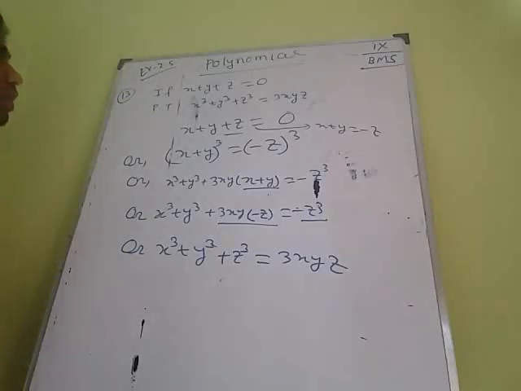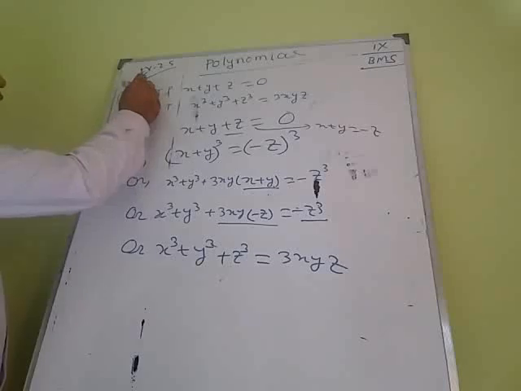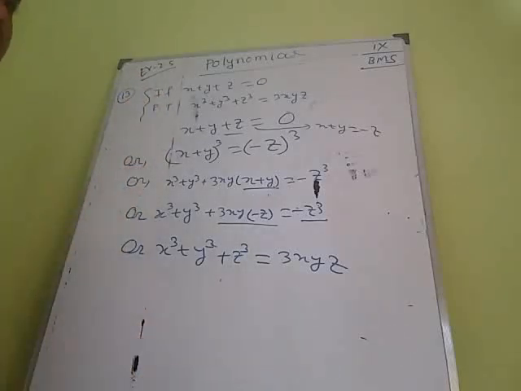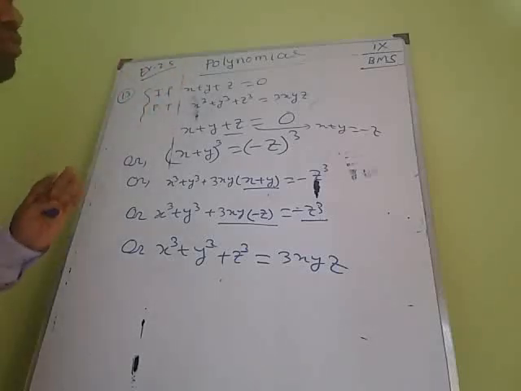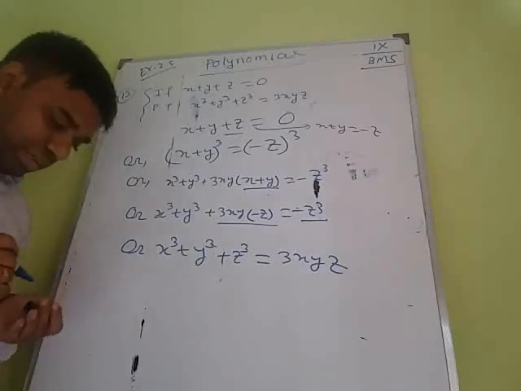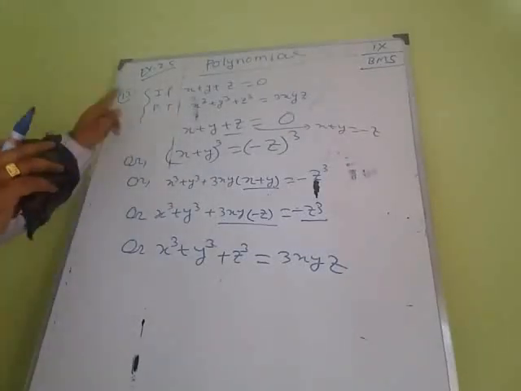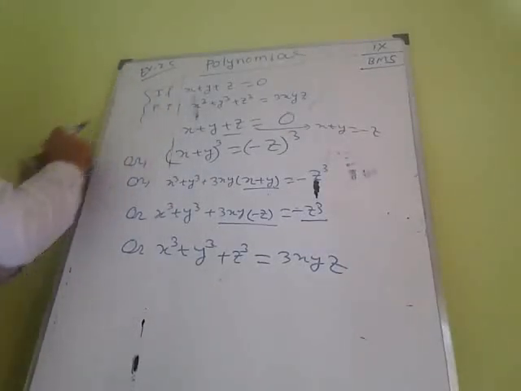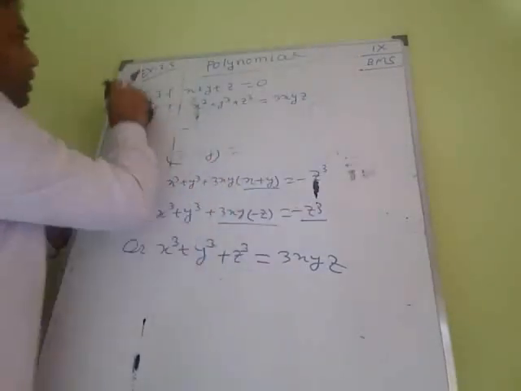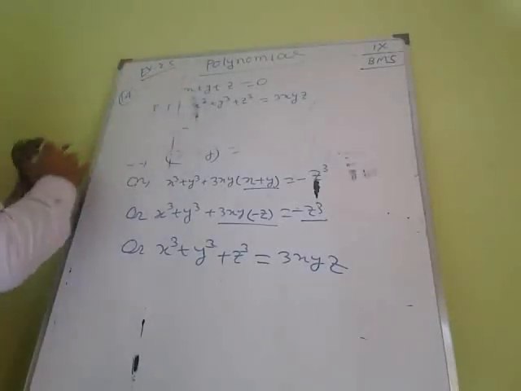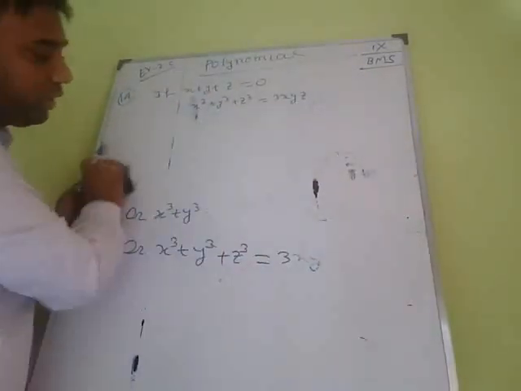It is also a formula; I think in sum number 11 or 12, some sums have been done using it. If x plus y plus z equals 0, one expression is given to prove using that. Now moving on, question number 14 will be solved with the help of this. It is established that if x plus y plus z equals 0, then x cube plus y cube plus z cube equals 3xyz.